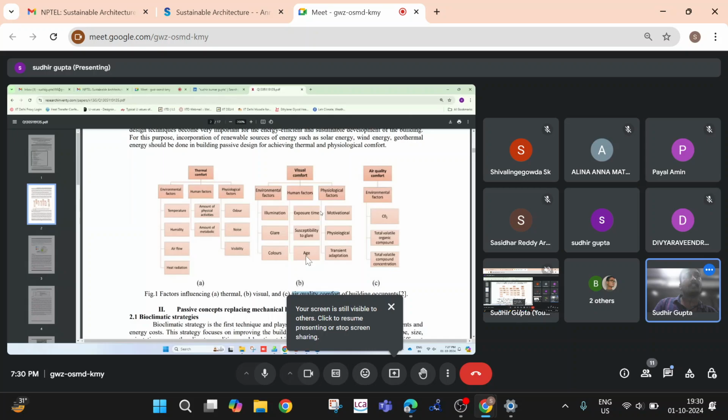These are also kinds of discomfort, but you cannot eliminate them, and they vary from person to person. That's why it is a human factor. Air quality, if you are saying, so it's CO2 levels, volatile compounds or concentration of pollutants; all these you can consider in comfort.